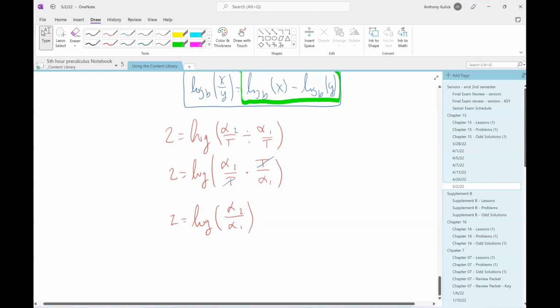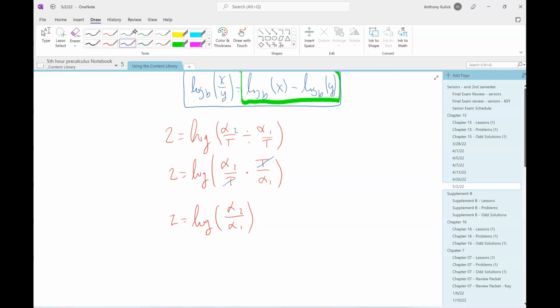What do we have to do next? Got to get that log out of there. Get out of there, log. What do I use to get rid of that log? What's the base on this logarithm? 10.